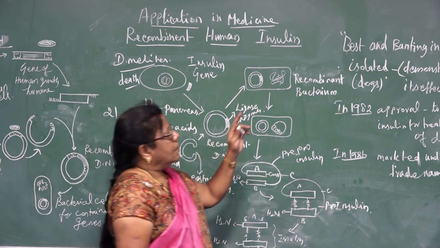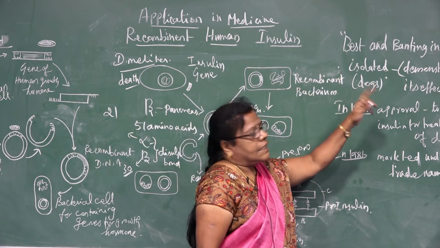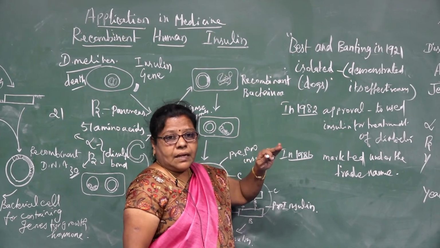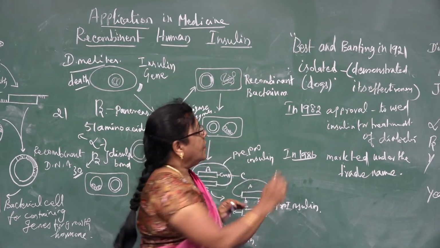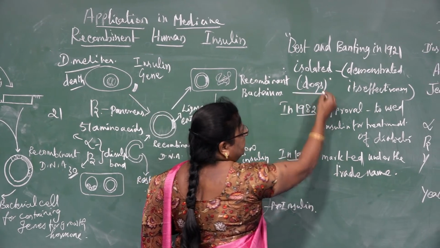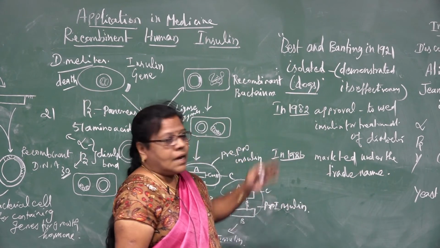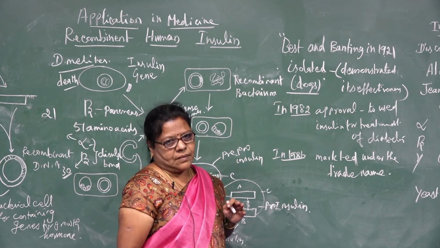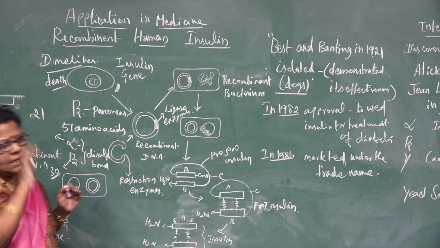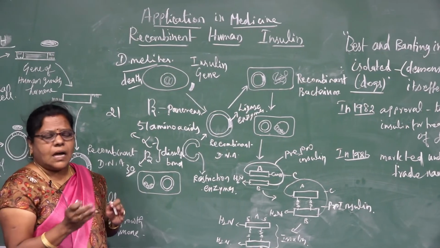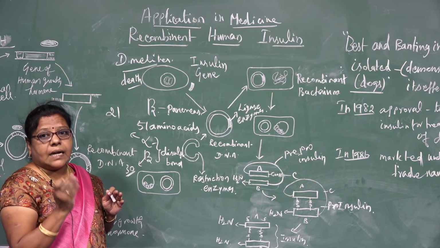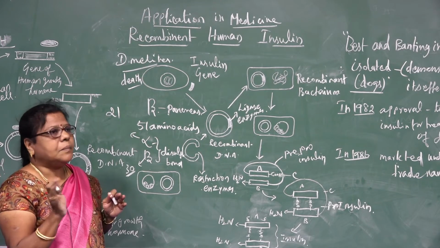Banting and Best, in 1921, isolated insulin from the islets of Langerhans of dogs, and they demonstrated its effectiveness for diabetic persons. In the earlier years, insulin was isolated from the islets of Langerhans of cows and pigs.